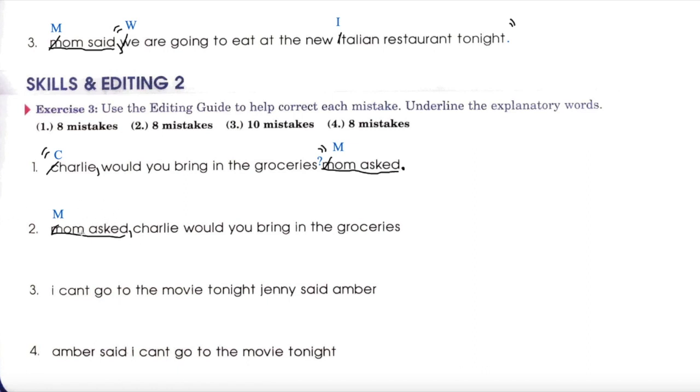So we had explanatory words at the beginning. Let's put in our quotation marks. Let's capitalize the first word of the quotation. Let's put a question mark at the end because it's a question.